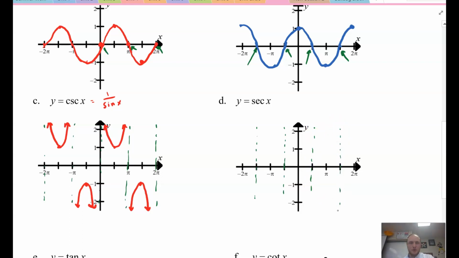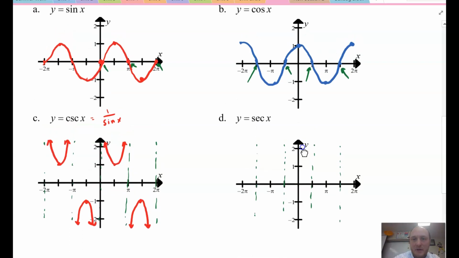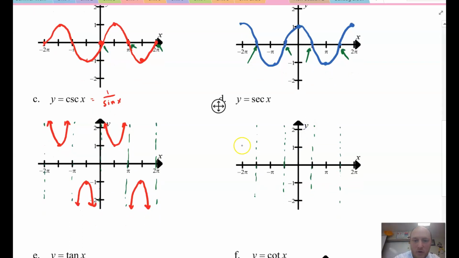There are my asymptotes, and I'm going to use the same idea. Wherever there's a max for the cosine function, I'm going to have 1, but it'll be a minimum of my parabola. And this one's down here, and there is secant of x. Pretty easy, right?